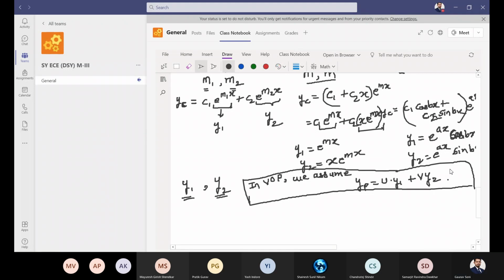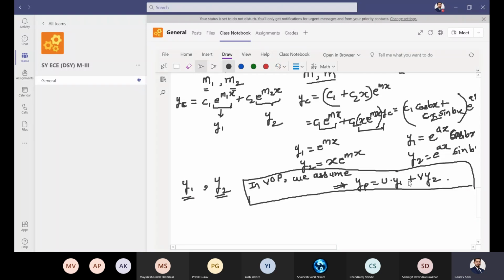In the shortcut method, you send that phi of D to the other side, whereas in variation of parameters I assume that my particular solution yp is the combination of y1 and y2.